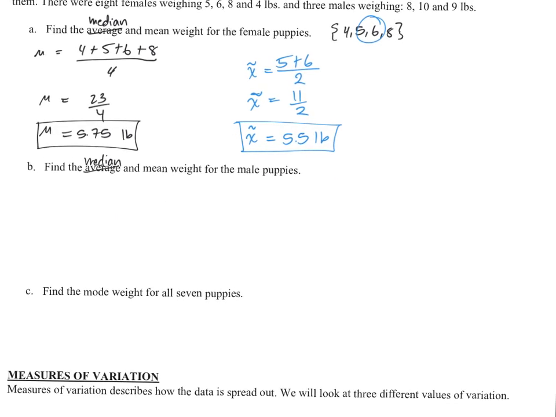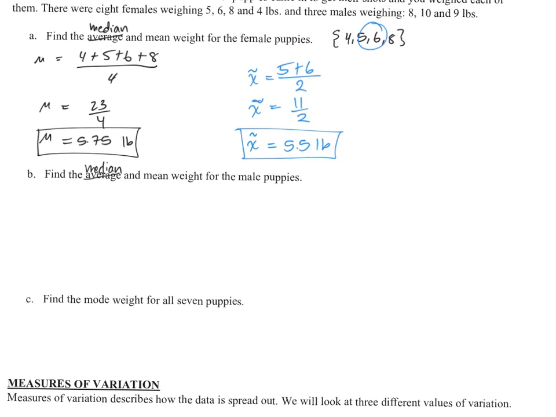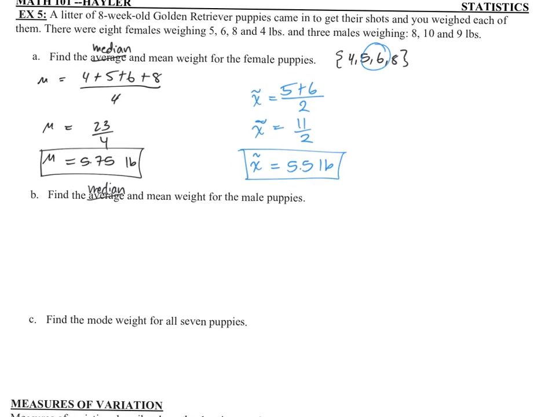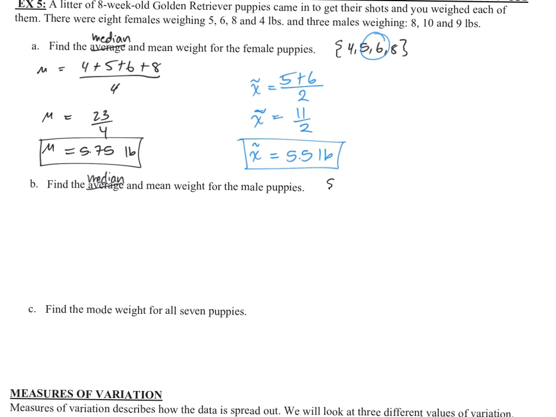Let's find that for the weight of the male puppies. For the males we have 8, 9, and 10 pounds. Let's do the mean first. That's 8 plus 9 plus 10 divided by 3, because there are 3 weights we're looking at.